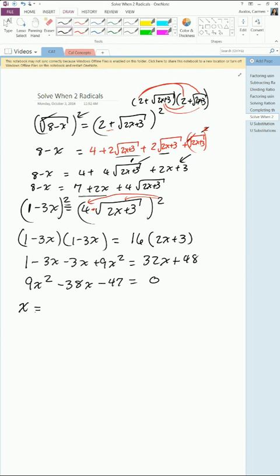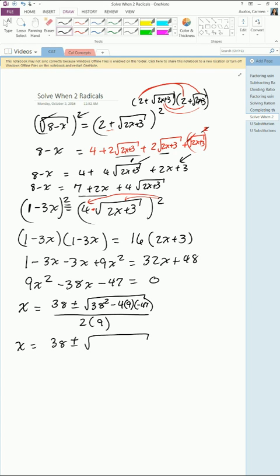So I know that x is going to be the opposite of b, which is 38, plus or minus the square root of 38 squared minus 4ac all over 2a. And then we calculate it, and we get 38 plus or minus the square root of 38 squared.